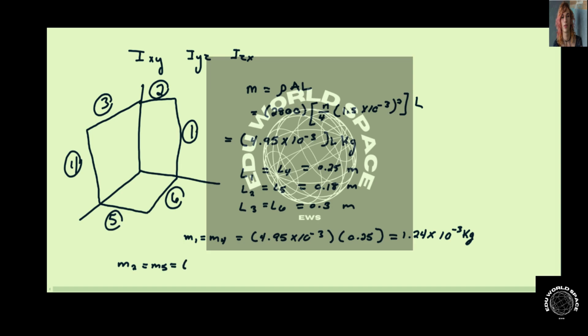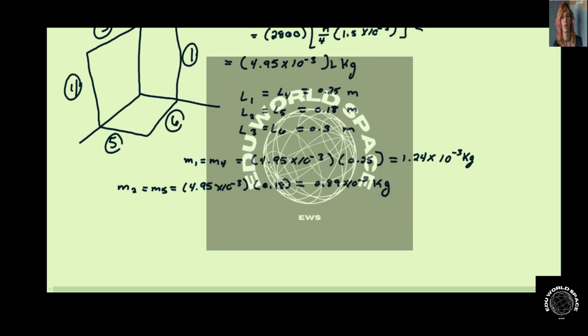So we have 4.95 times 10 to negative 3 times 0.18 equals 0.89 times 10 to negative 3 kilograms. And now we have M3 equals M6. So we have 4.95 times 10 to negative 3 times 0.3 equals 1.48 times 10 to negative 3 kilograms.